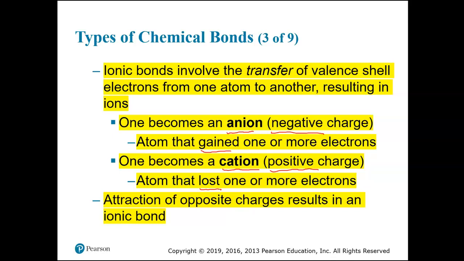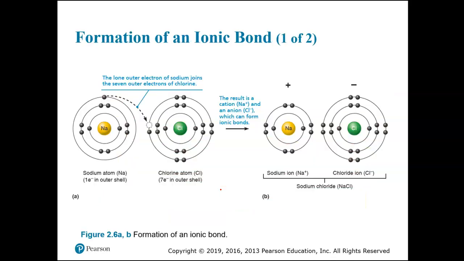So again, an anion has a negative charge because it gains electrons. A cation has a positive charge because it loses electrons. So if we go to sodium and chlorine, sodium will be stable if it loses this 1 electron, but it also is going to give sodium a positive charge. And we'll write it this way: sodium ion with a positive charge.